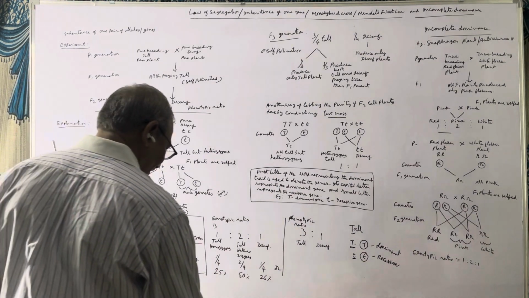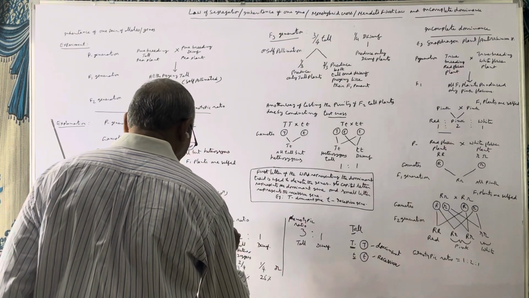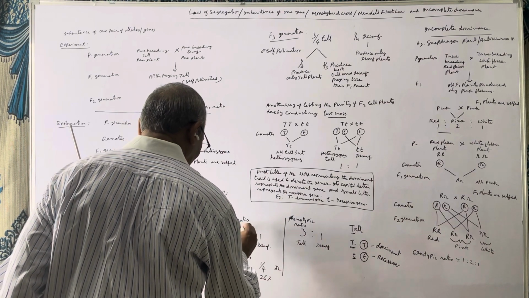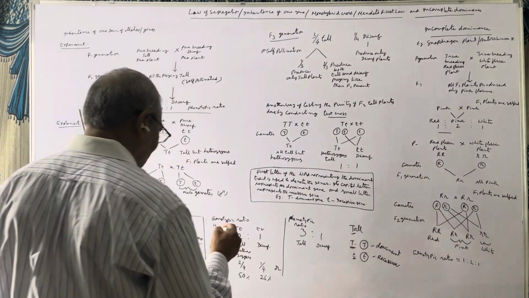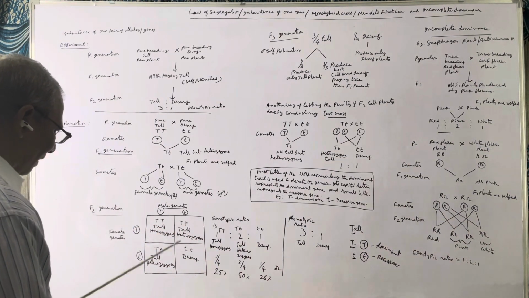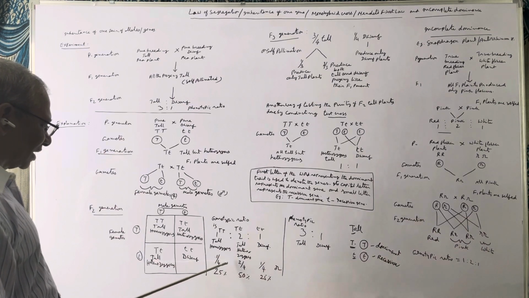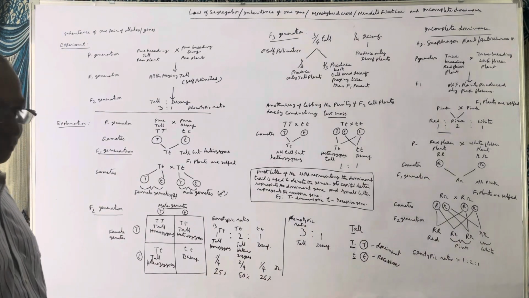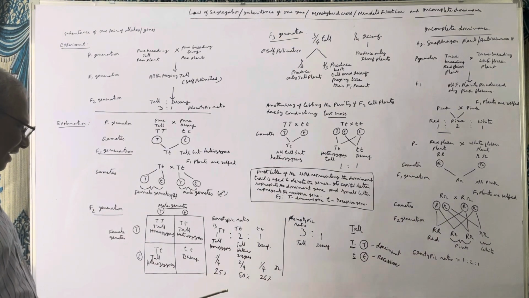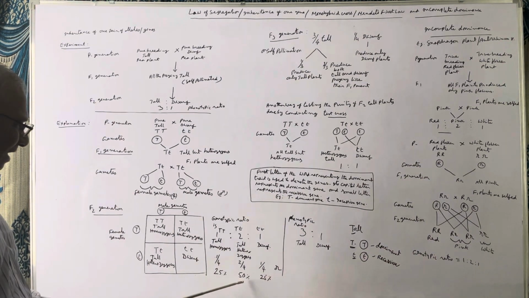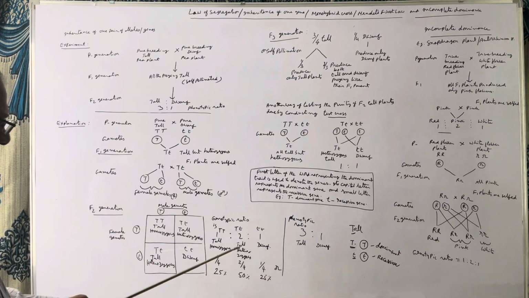We can represent the genes also here: capital T, capital T; capital T, small t; small t, small t. We can represent this in a different way also. Among these 4 plants, 1/4 are homologous tall, 2/4 are heterologous tall, and 1/4 are dwarf. In another way, 25% of this combination are homologous tall, 50% are heterologous tall, and 25% are dwarf plants.